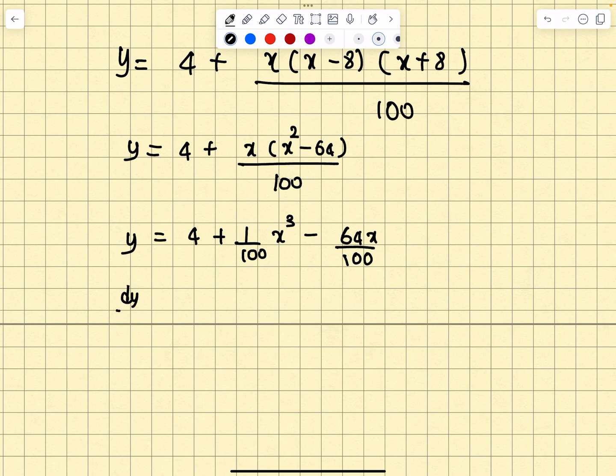So let's differentiate. The 4 is 0. That's 3 over 100 x squared minus 64 over 100.